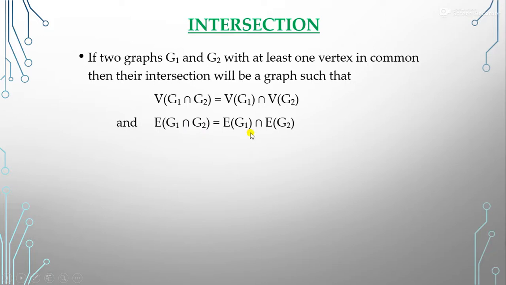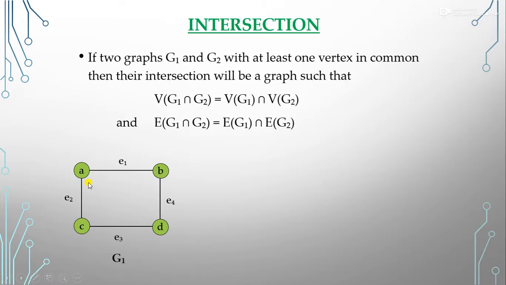Now suppose the G1 graph is this, where the vertices are A, B, C, D and the edges are E1, E2, E3 and E4. And our second graph G2 has vertices B, D, E and edges E4, E5 and E6. So can you tell me what the graph of G1 intersection G2 will be? How many vertices are in it?